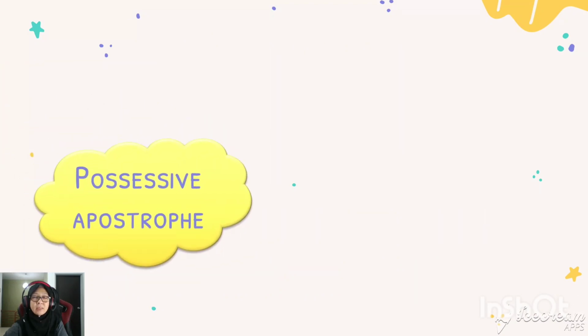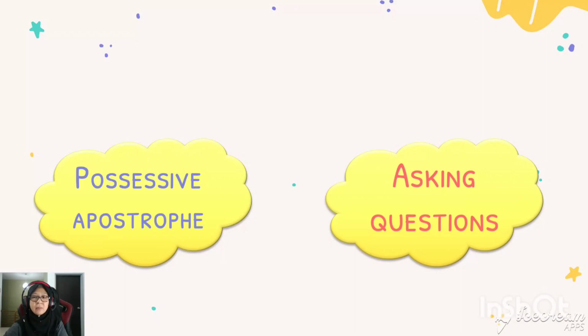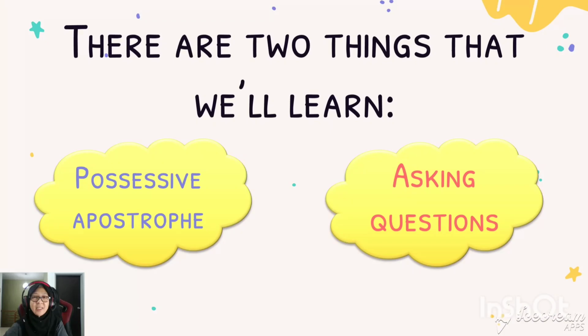There are two things that I will teach you today. First, we are going to learn about possessive apostrophe or possessive s. And we are going to learn about asking questions. Let's check it out.